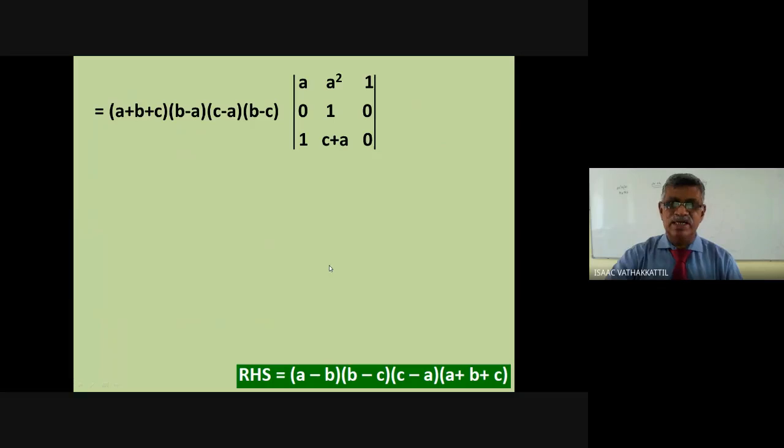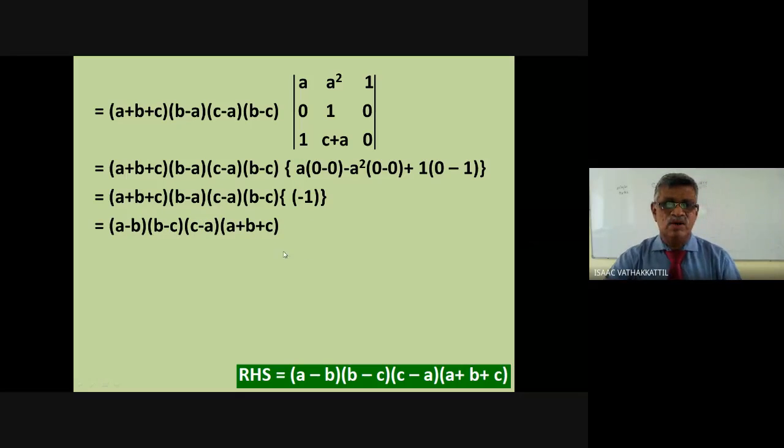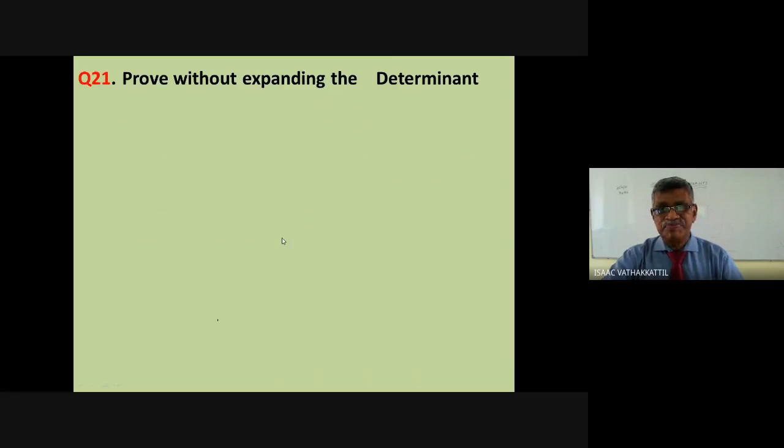And opening the determinant, that will be nothing but minus 1. And that minus 1 will make this B minus A to A minus B, and hence you have A minus B, B minus C, C minus A, A plus B plus C. I hope things are getting along. This is the right side.